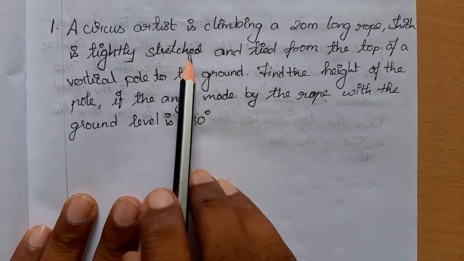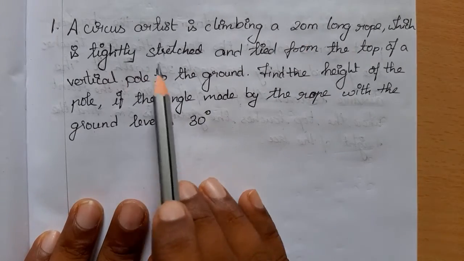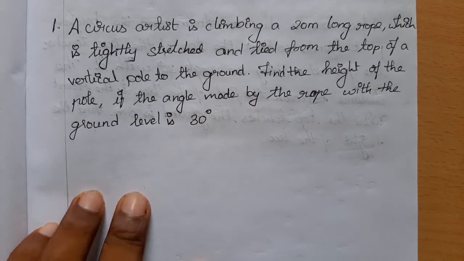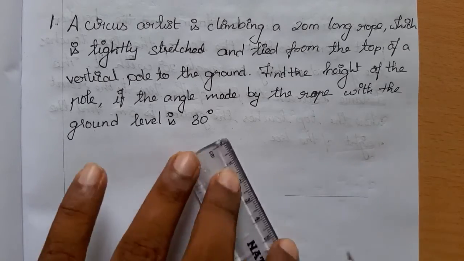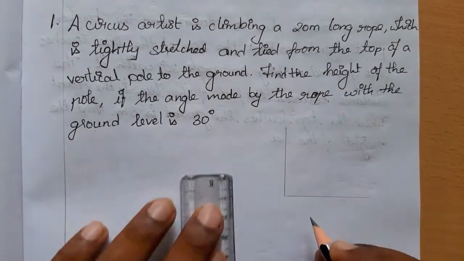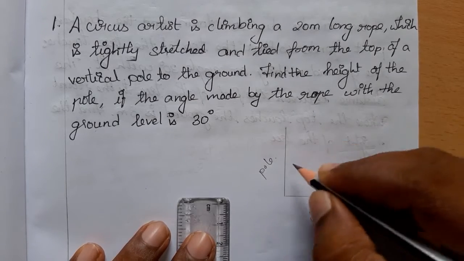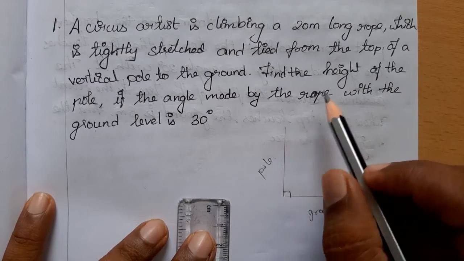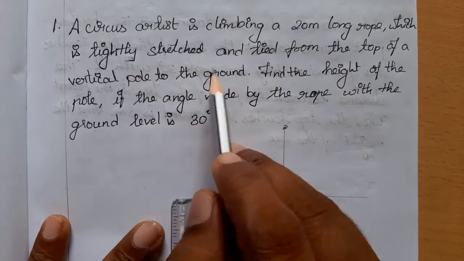A circus artist is climbing a 20-meter long rope which is tightly stretched and tied from the top of a vertical pole to the ground. Let me consider this as the ground, and one pole is here. This is the ground and this is the vertical pole, so it will be 90 degrees, and at the top of the pole a rope is tightly stretched.